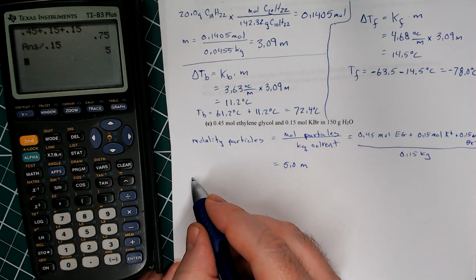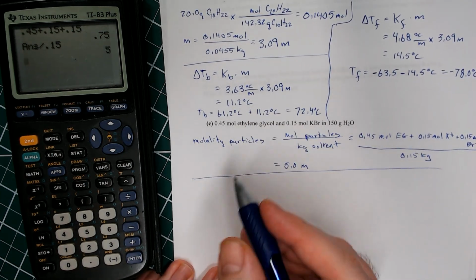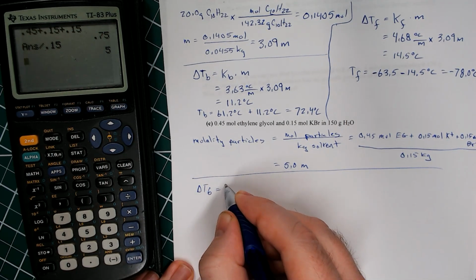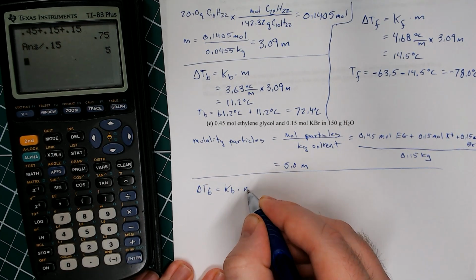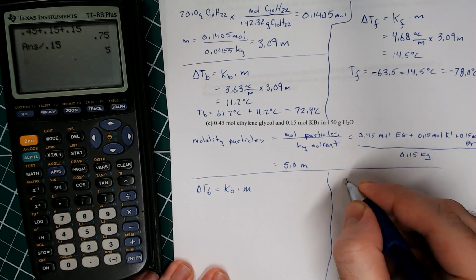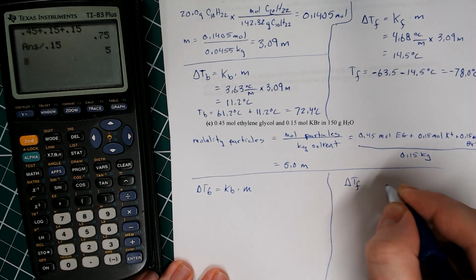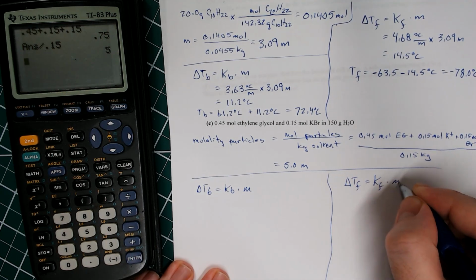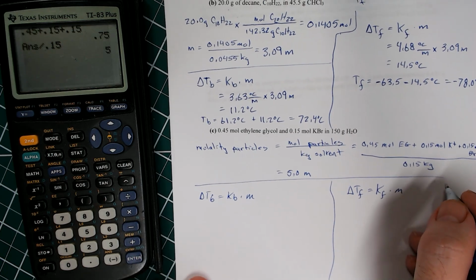Okay, so now we'll do the same calculations we did before, which is delta TB is equal to KB times the molality. And we'll do a separate calculation that's delta TF is equal to KF times the molality.